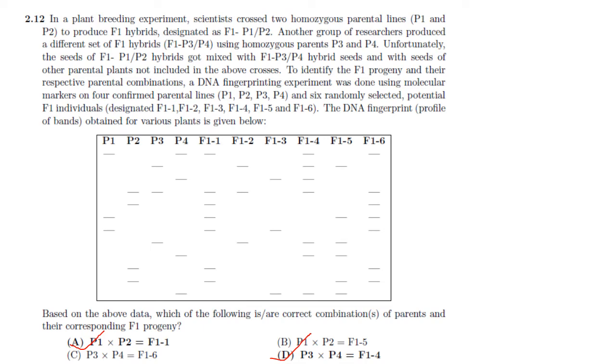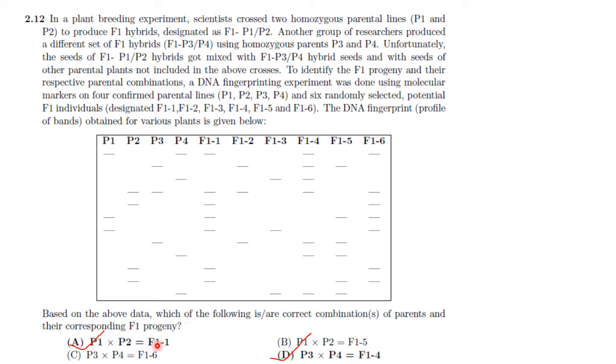Based on this profile, they can come to know through the DNA fingerprinting profile which of the parents' progeny belongs to which hybrid. So based on the above data, which of the following is or are the correct combination of parents and their corresponding F1 progeny?